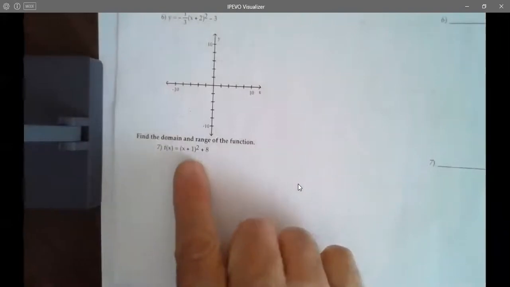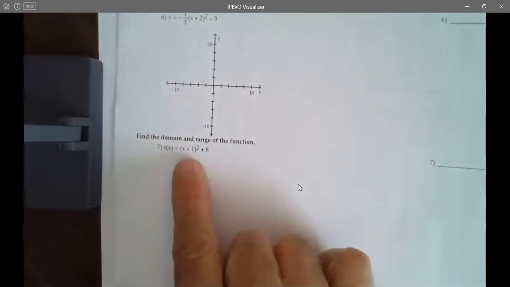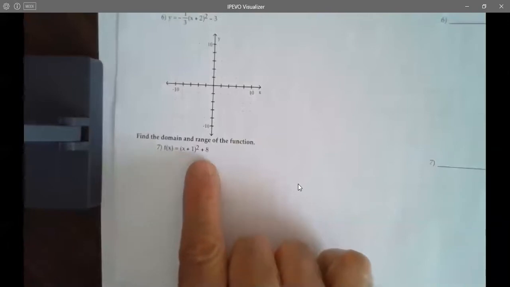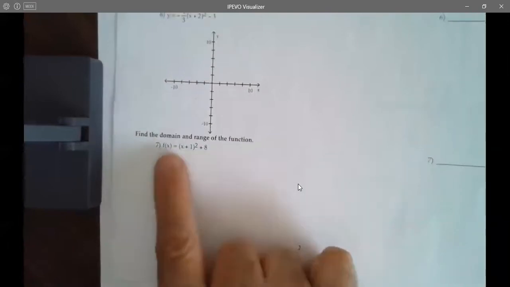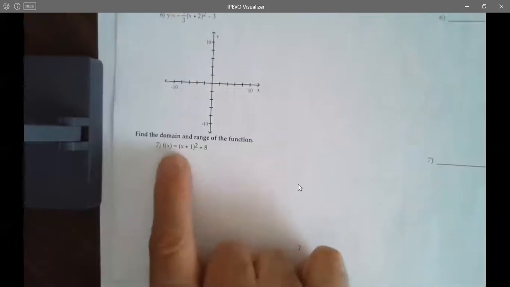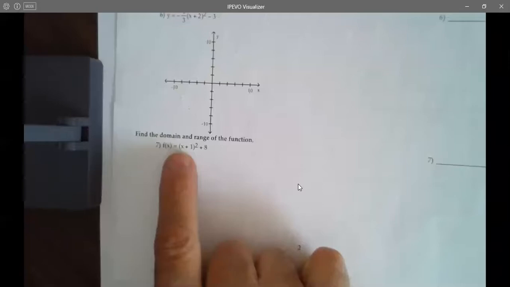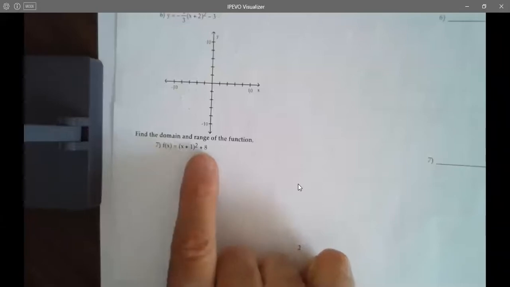Find the domain and range. So basically, domain is always going to be negative infinity to infinity. For the range, you look at whether it's opening up or down. It's going to open up, and it's up 8.